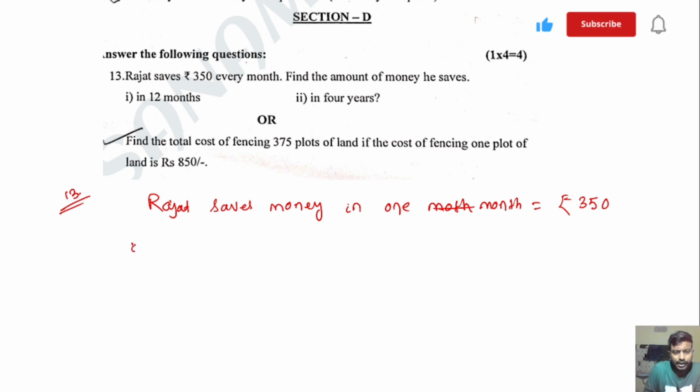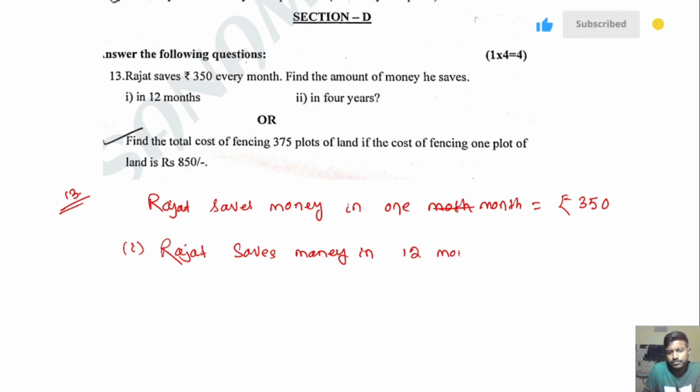Now you should find question number I. In 12 months, write down Rajat saves money in 12 months equal to 350 into 12.